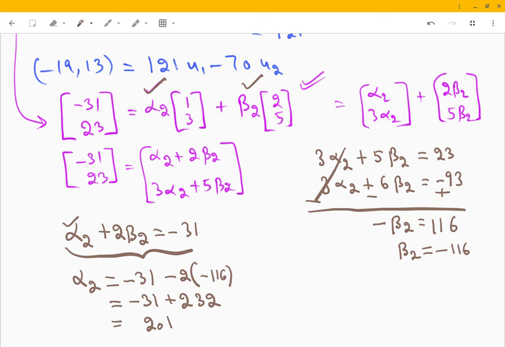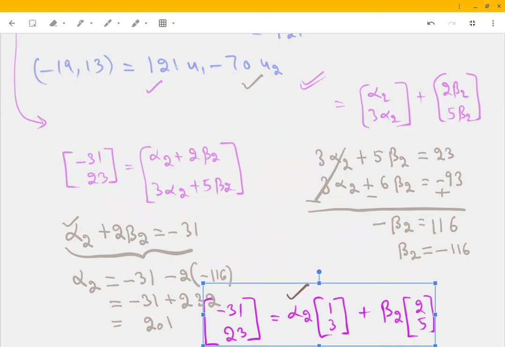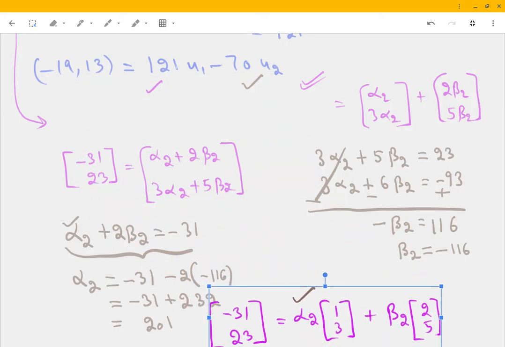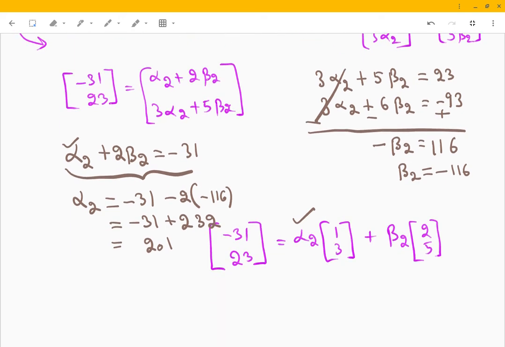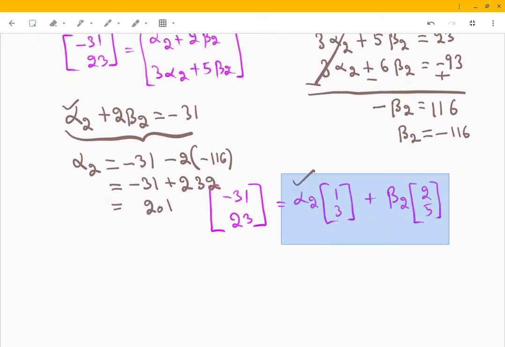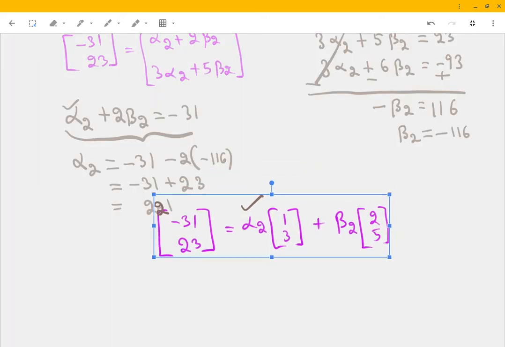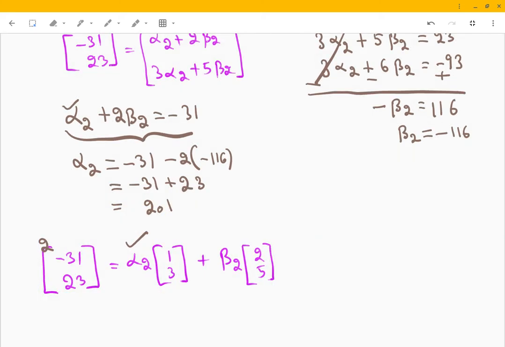So let us combine this. Let's save some time. So where was that 2? It was here. Yeah.